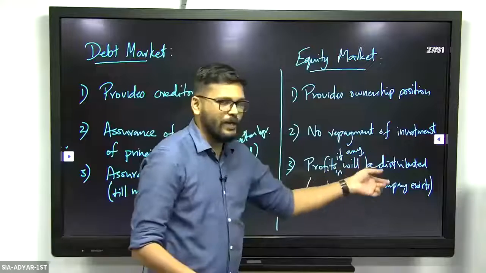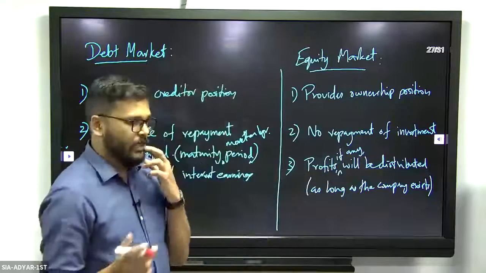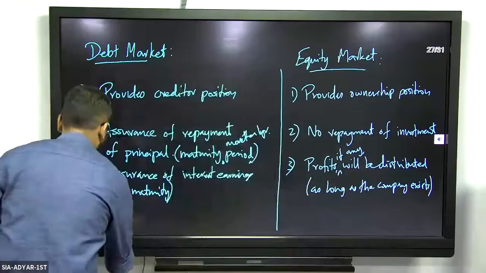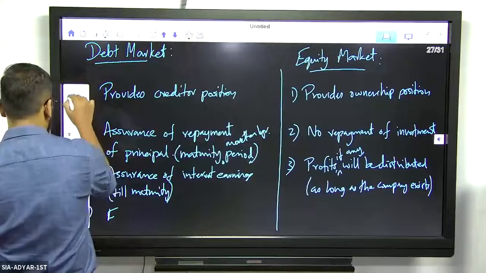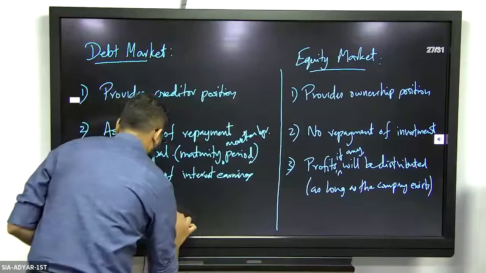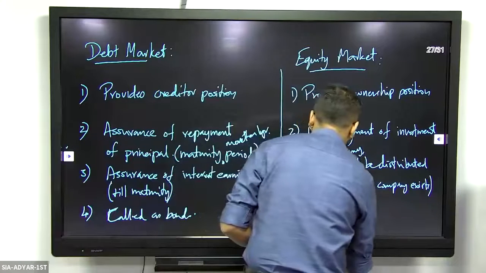So as long as the company exists, profits will be shared with the holder of that share. Example: the financial instrument is called bonds in the debt market, and shares in the equity market.